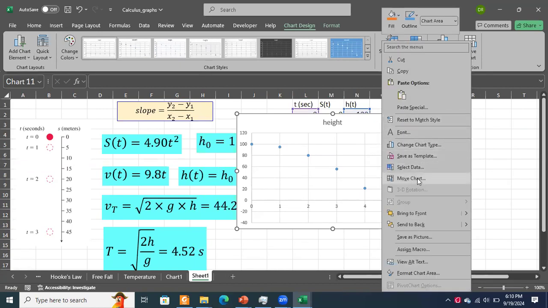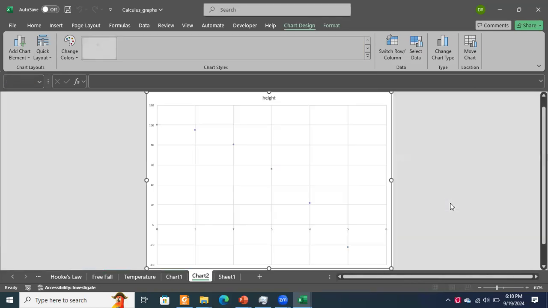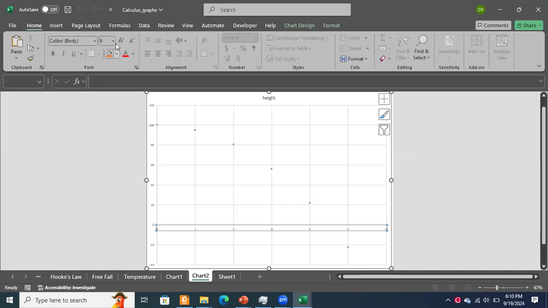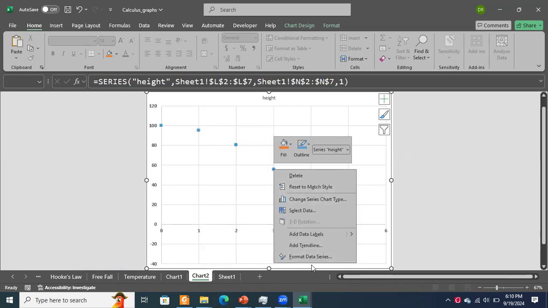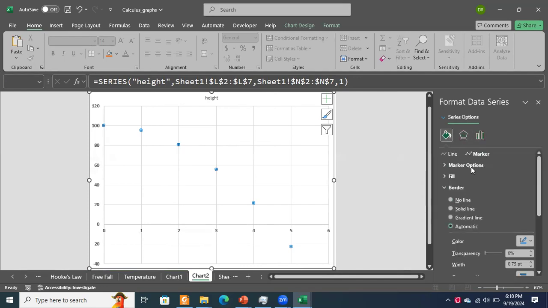I move this chart to a new sheet, so it is chart 2. Some options to improve the view, and paint the same one on the vertical axis. Then the markers, color options for marker and line.